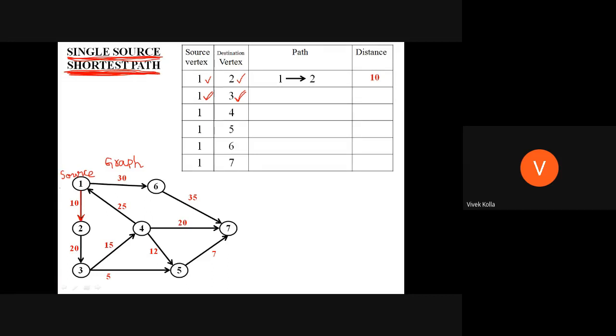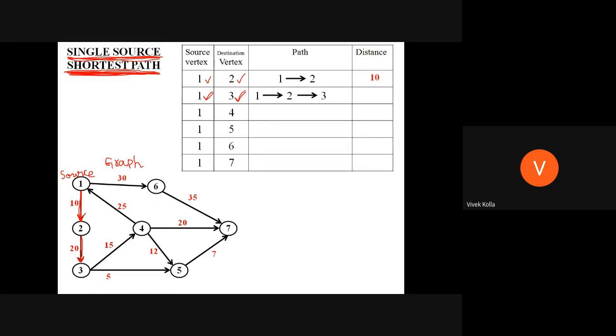Yes, it is a single path, only one path. I can travel from 1 to 2, and from 2 I can travel up to 3. So what is the distance? From 1 to 2 the distance is 10, and from 2 to 3 the distance is 20. So 10 plus 20, 30. So this is the shortest path.